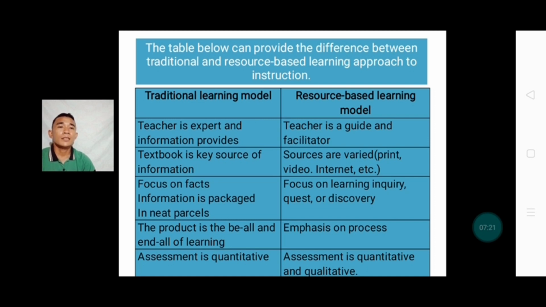Fourthly, in the traditional learning model the product is the be-all and end-all of learning, while in the resource-based learning model, the emphasis is on process. Lastly, in the traditional learning model, assessment is quantitative, while in the resource-based learning model, assessment is quantitative and qualitative.